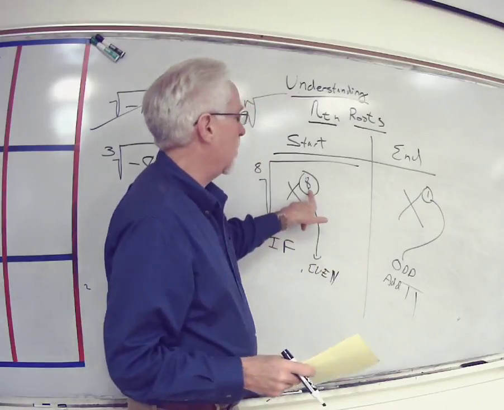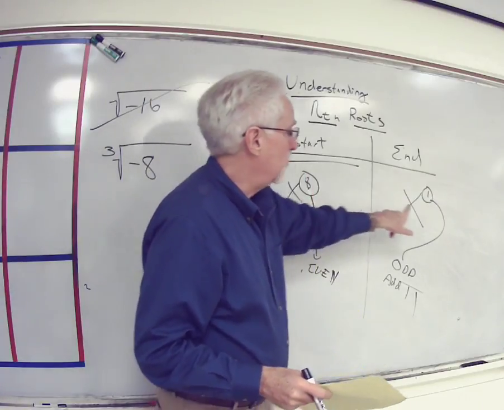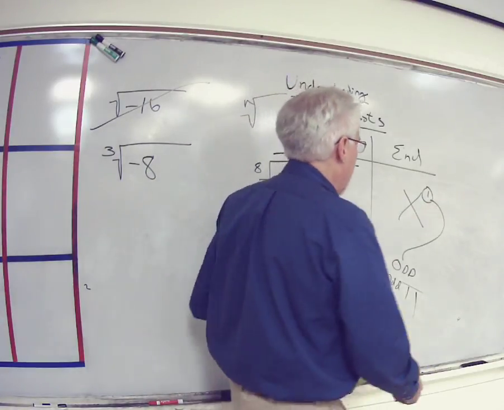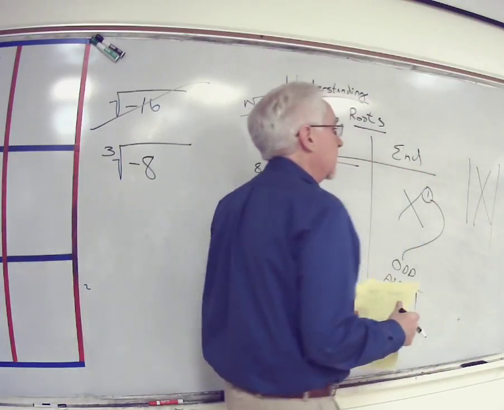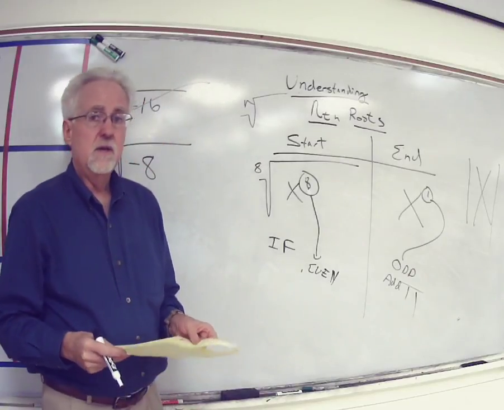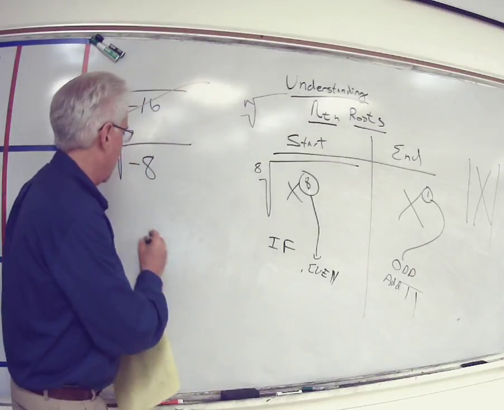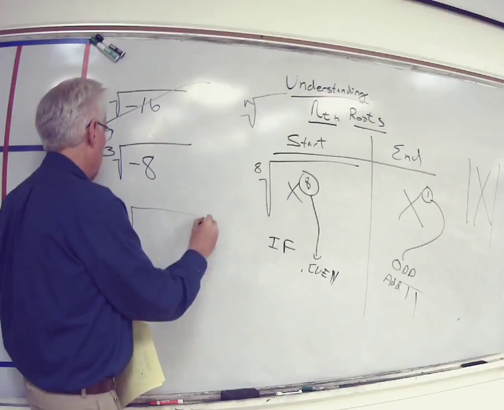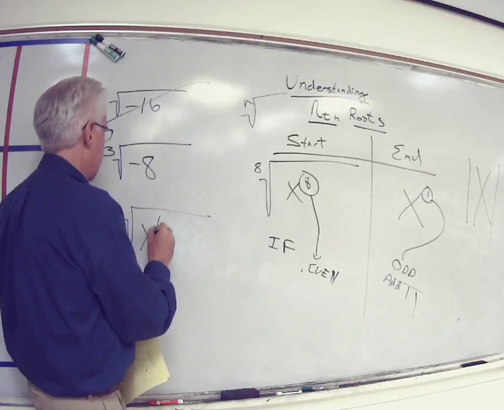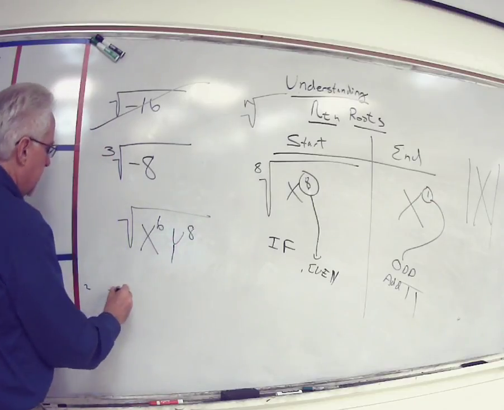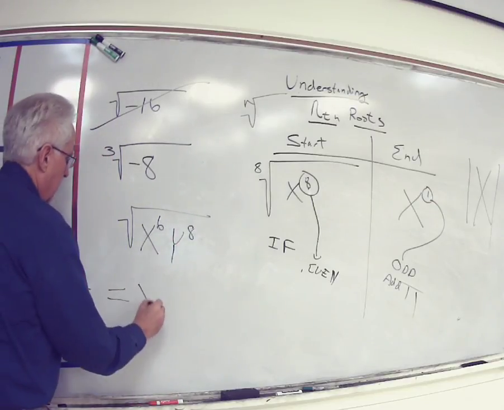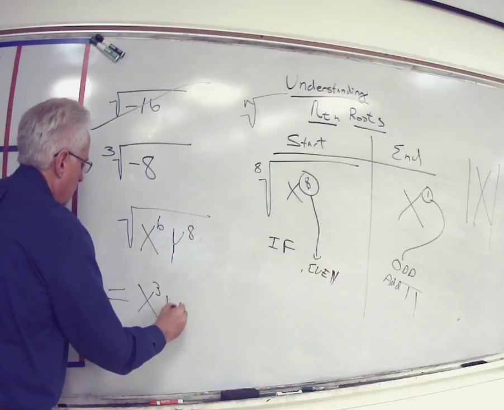So this started even, and it went odd. So what do I have to add to the things that went from even to odd? If I have the square root of x to the 6th, y to the 8th, what does that become? x cubed, y to the 4th.